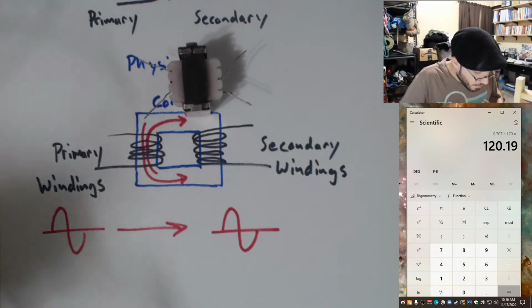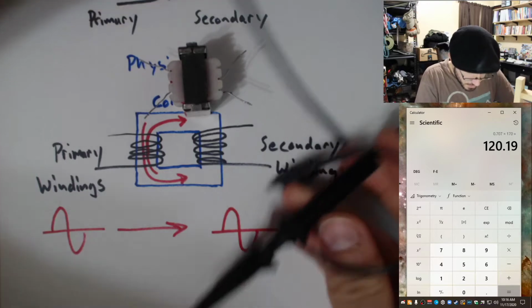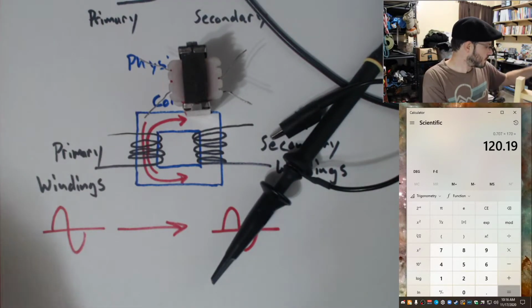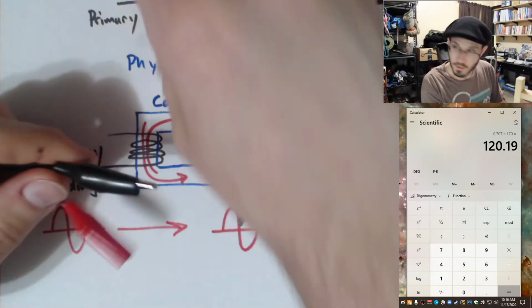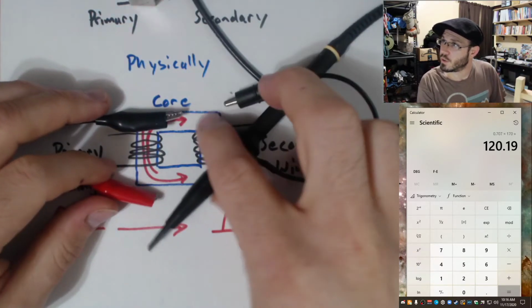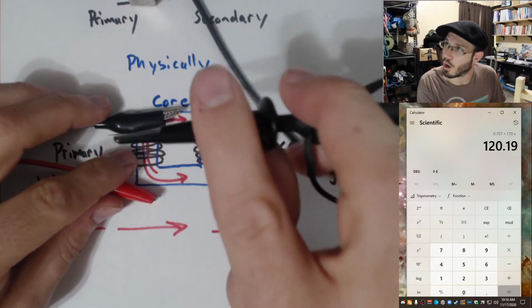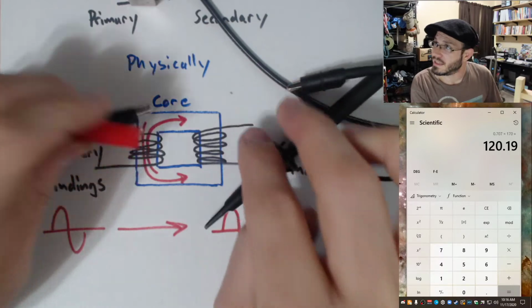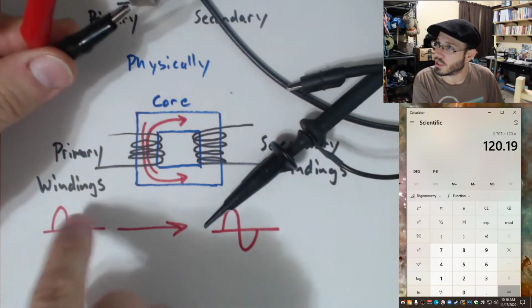Now, an oscilloscope allows me to view a changing voltage with respect to time. And what I'm going to first do is take my oscilloscope probe. So this is going into my measurement instrument. And this is coming out from my function generator.